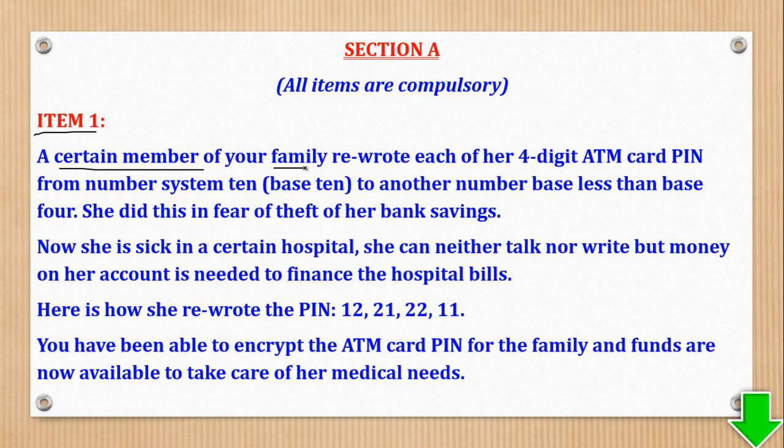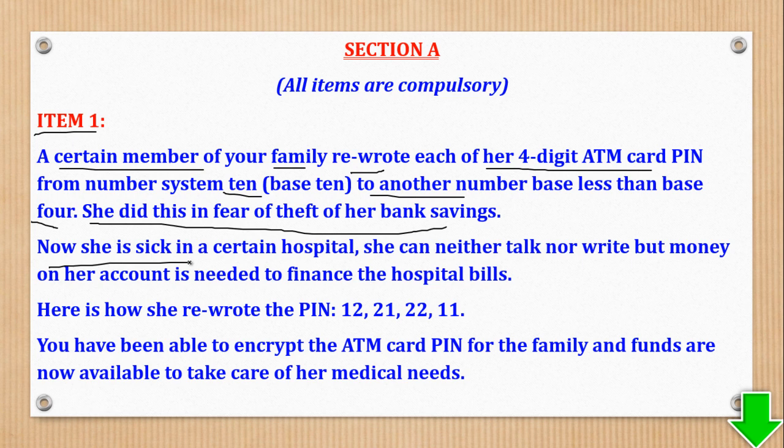A member of your family rewrote each of her 4-digit ATM card pin from number system base 10 to another number base less than 4. Know this word, less than base 4. She did this in fear of theft of her bank savings.